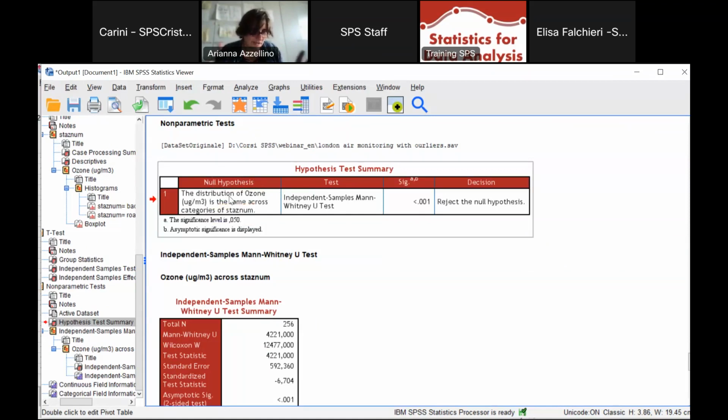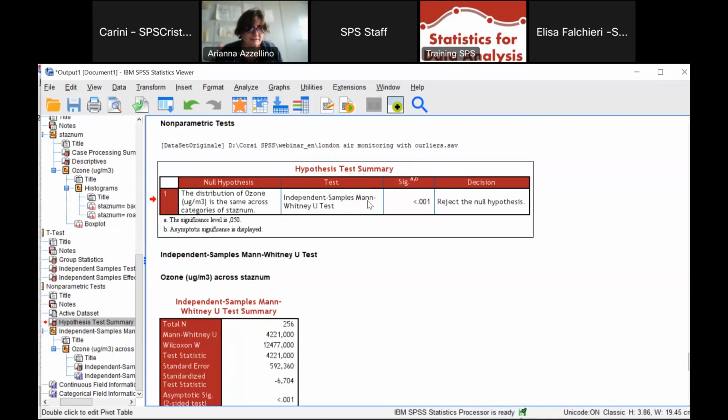So this is a generic null hypothesis. But the main concept is that equality is the null hypothesis. So in our case, the two medians of the background and roadside station are the same.